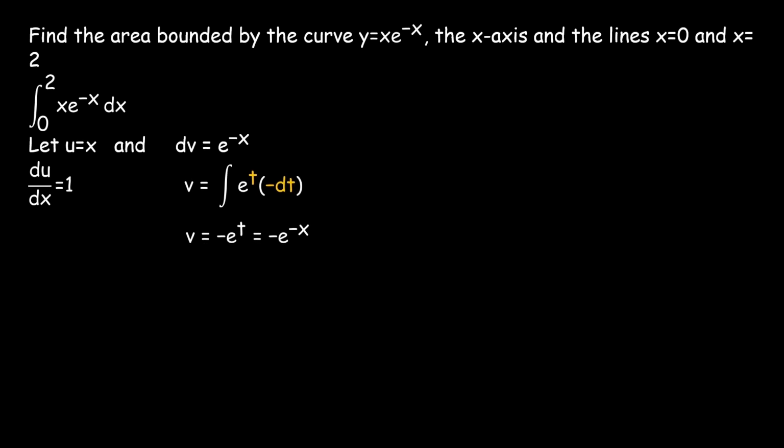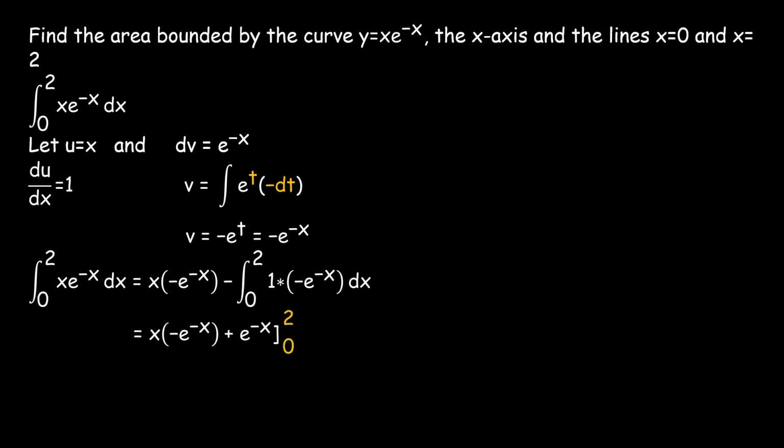Substituting this into our formula for integration by parts, we would have negative x e to the power negative x minus the integral from 0 to 2 of 1 times negative e to the power negative x. Okay, then the integral of negative e to the power negative x is going to be e to the power negative x. So negative and negative gives a positive.